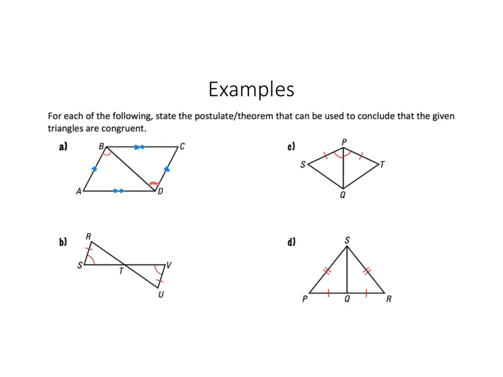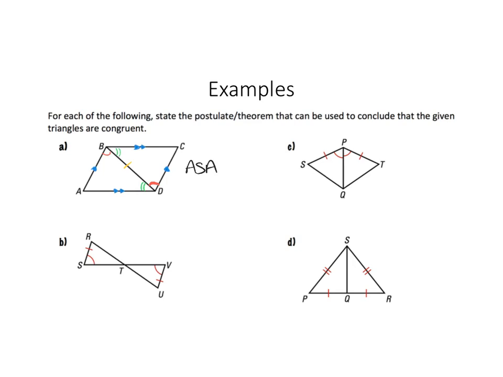And then we can also say that angle ADB is congruent to angle DBC because they are also alternate interior angles. And we can say that this segment is congruent to itself. And so I have 2 angles and the included side, so that is angle, side, angle.